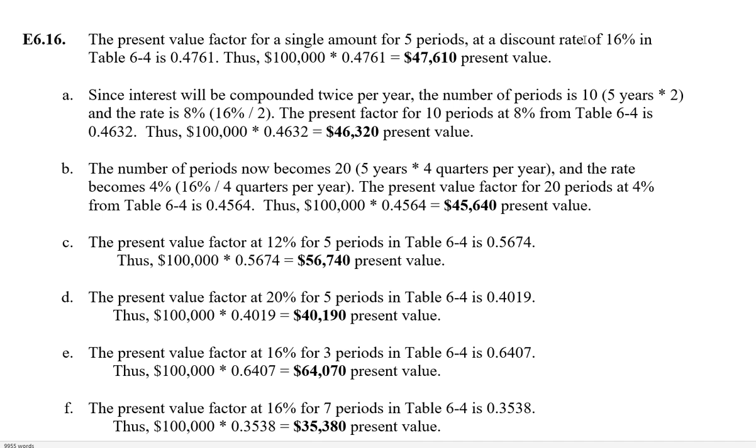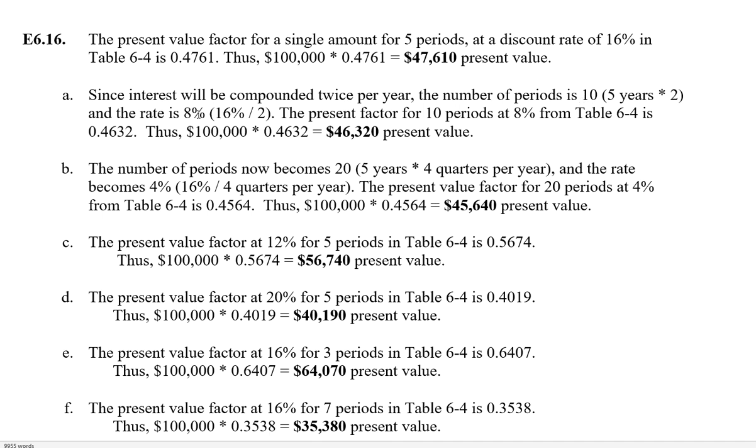Right? Now, since in A, it starts to throw you some twists. It says, wait a minute, we got the same scenario, but we're compounding twice a year. That means interest is compounding twice a year, means that the present value will be a little different. So what we want to do is double the amount of periods that we're looking at in table 6.4. You'll see that here is 10.